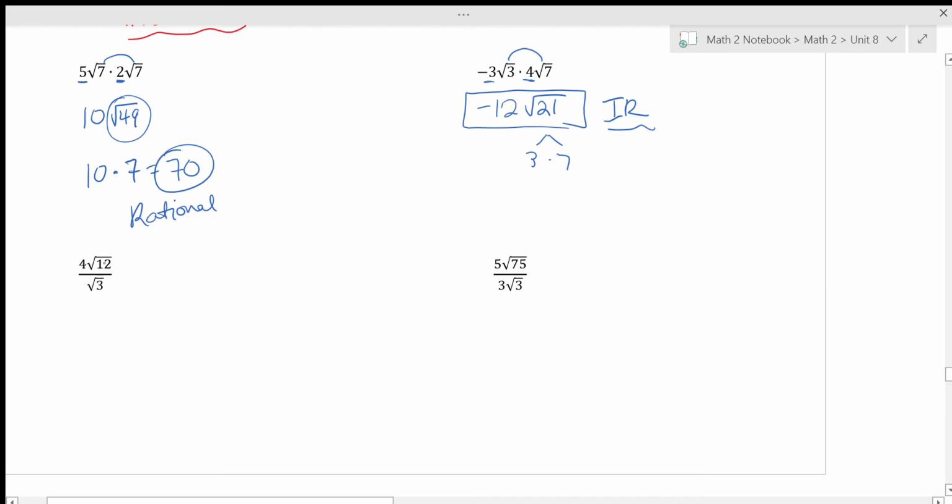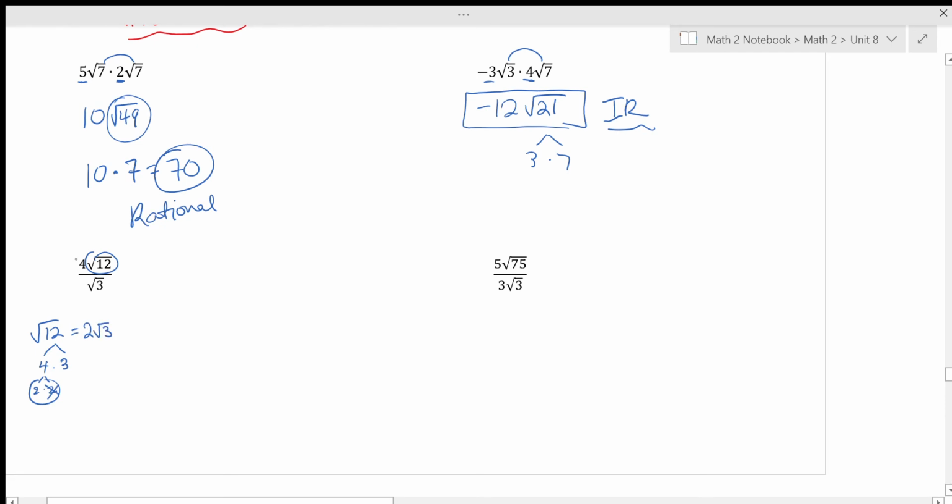Okay, on this one, a couple different ways we can go about this, but I'm going to go ahead and simplify this root 12 first. So root 12, I'm going to split 12 into 4 and 3, split 4 into 2 and 2, and it's a square root, so I'm looking for buddies. So the square root of 12 simplifies to 2 root 3.